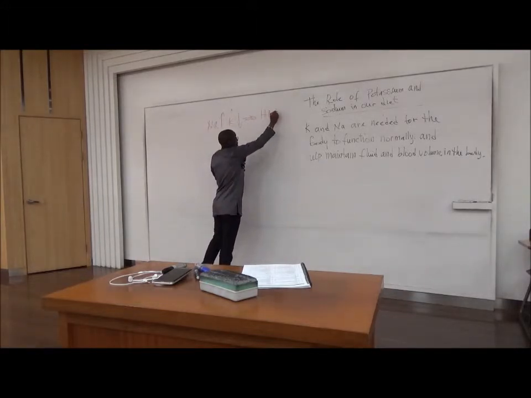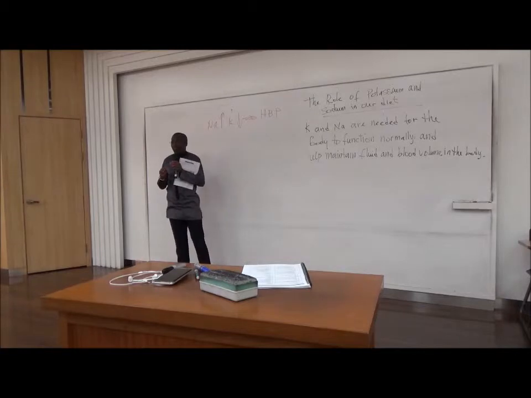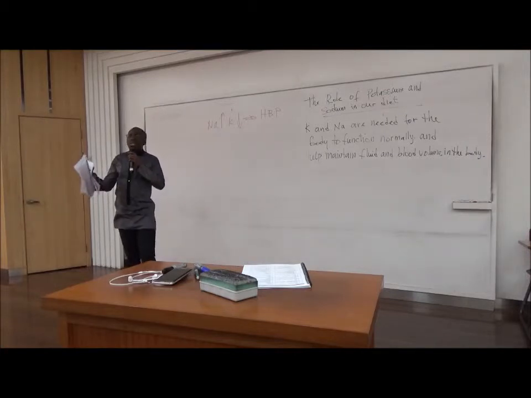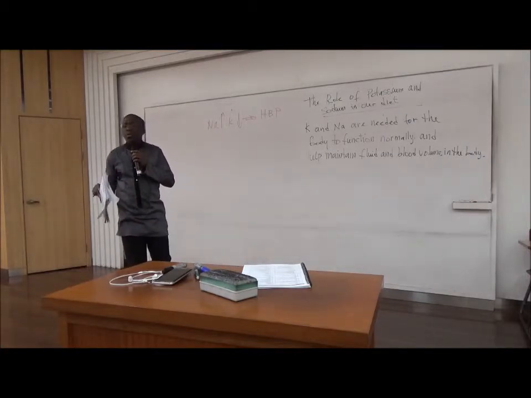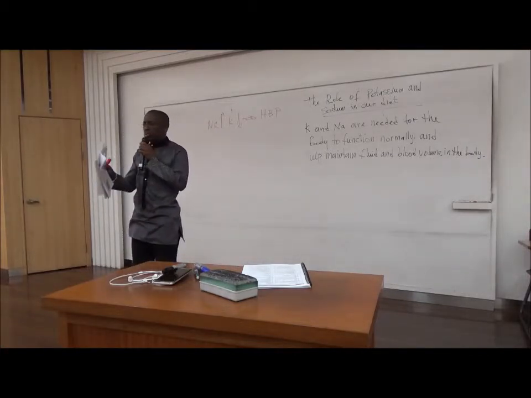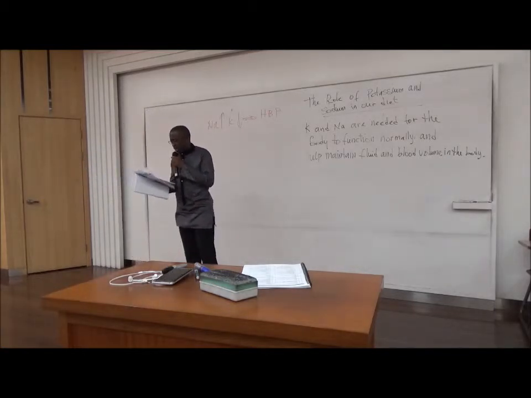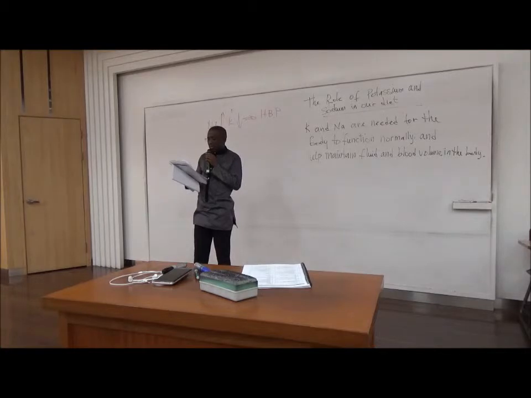A risk of high blood pressure. We'll study that a little more when we look at the association of obesity, high blood pressure, and cardiovascular disease. So we look at potassium, sodium, and high blood pressure.